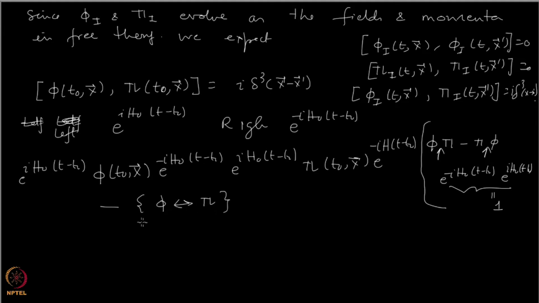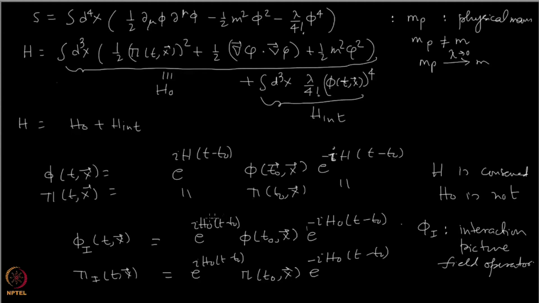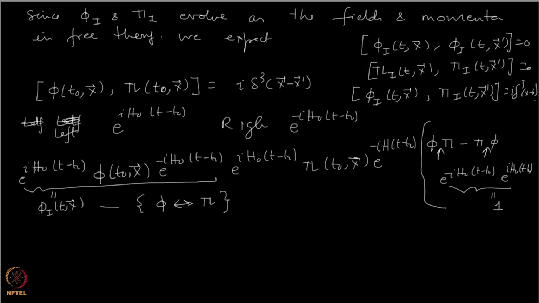Now you see this factor here, that's precisely phi I. We can go and check this with the plus i, minus i, with the phi at t naught. So that is phi I, this piece, and this piece is pi I, right? And the thing which you are subtracting is exactly the same thing in reverse order.